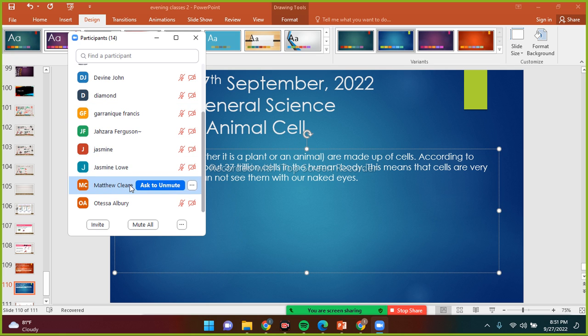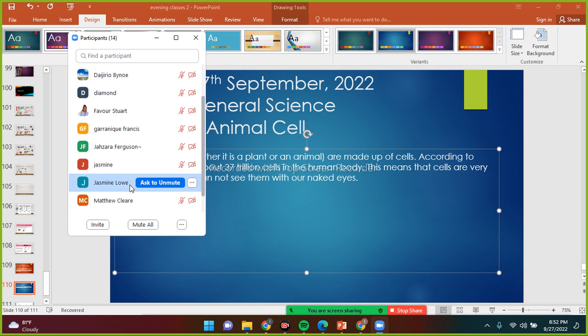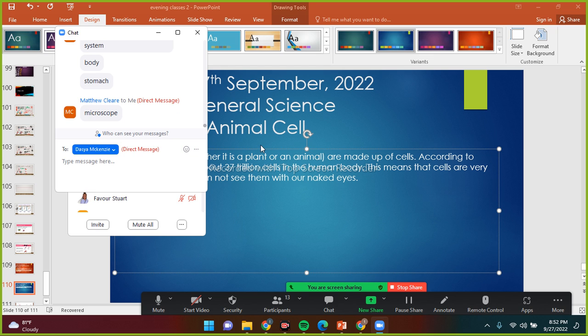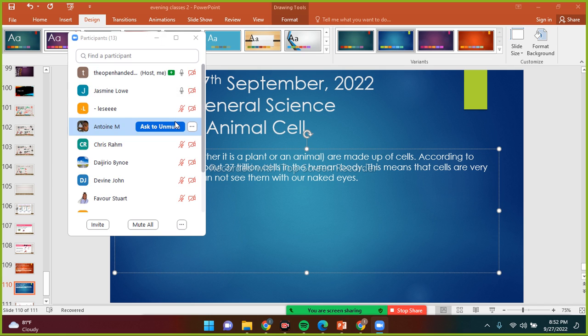Otessa, are you there? Someone said we need an electron microscope. Yes, electron microscope.